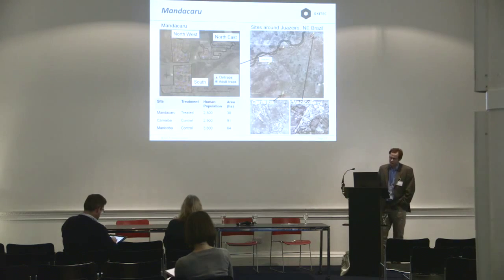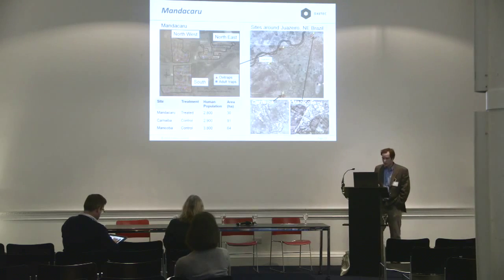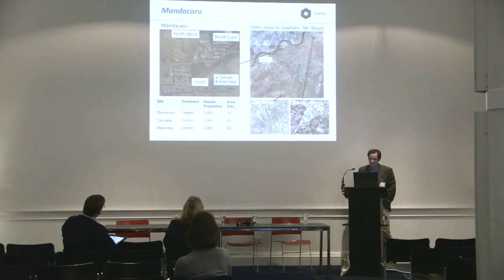So then moving on from that, we worked in Mandacaru, the results I showed earlier today. This is a village of about 3,000 people in the same area, but the difference is it was isolated in terms of Aedes habitat.